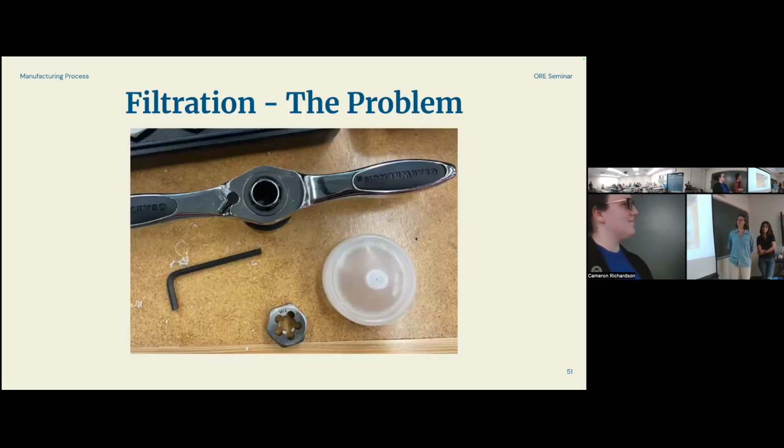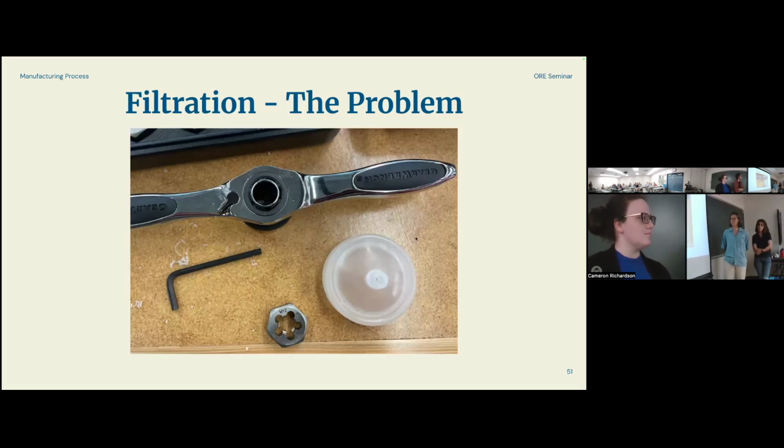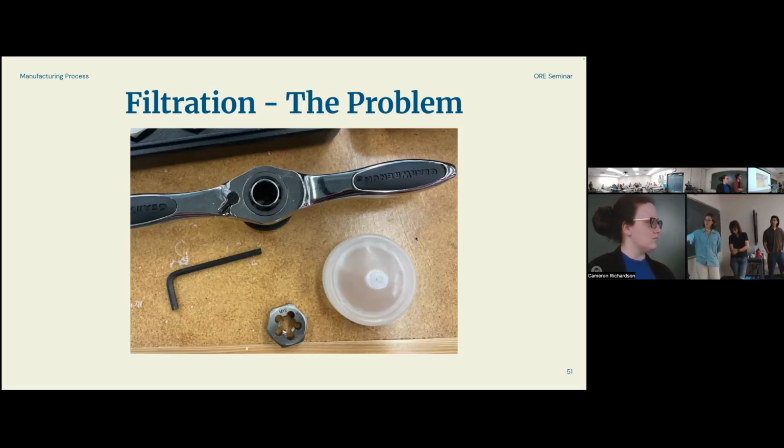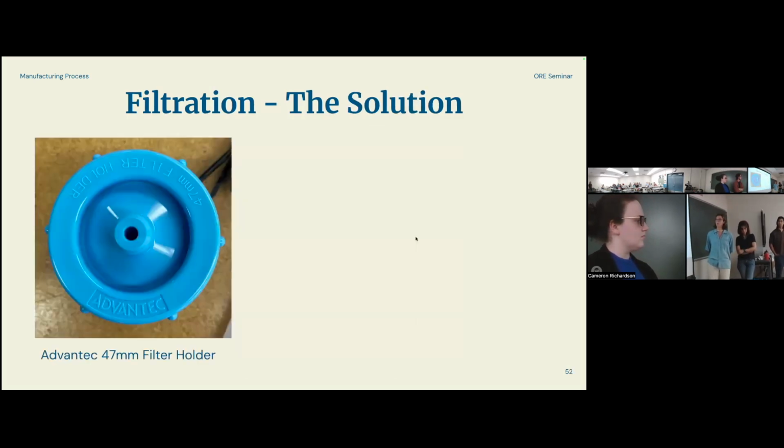Whenever we put the filter in, the tubing would fly off because it created too much resistance. So we tried to adjust it by adjusting the filter holders. We were threading them to kind of twist the tubing on. This was somewhat working, but at some point we just didn't have a flow rate anymore. It was just like backing up into the pump.